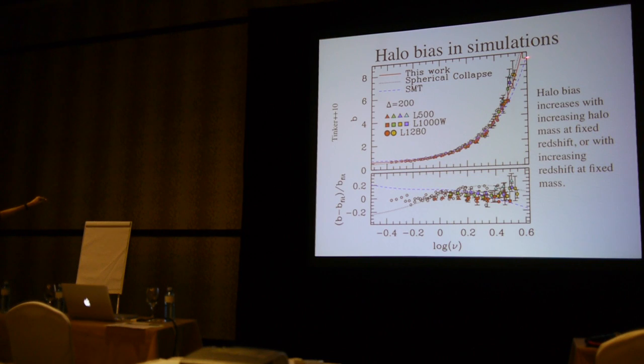SMT, Sheth, Mo, and Tormen, is a famous fitting function, and you can see it falling much below the simulations. So the old dumb theory in some sense does a better job fitting the simulations than the new improved fitting function just as you move to very, very rare halos. And then this red line is a fit that passes through the middle from the study by Jeremy Tinker just last year.